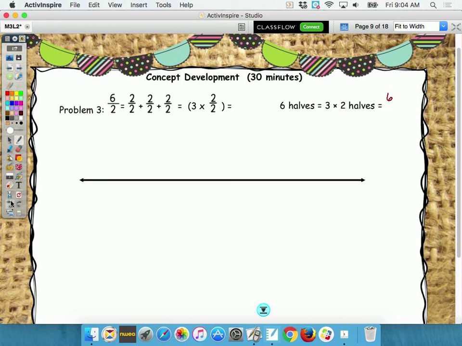Gosh, I'm writing in 1. 6 halves. Oh, that's more than 1. It is. And when I write 6 halves, look at it. Can't I say that as a division problem? 6 divided by 2. What's the answer? So my endpoints are 0 and 3. Okay, and I told you this is going to go fast.